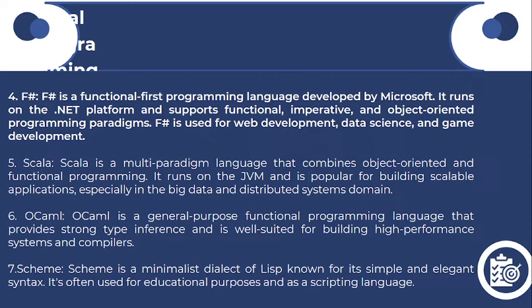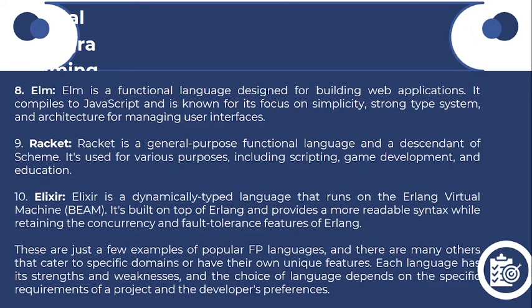Number 6, OCaml. OCaml is a general-purpose functional programming language that provides strong type inference, and it is well suited for building high-performance systems and compilers. Number 7, Scheme. Scheme is a minimalist dialect of Lisp known for its simple and elegant syntax. It is often used for educational purposes and as a scripting language.